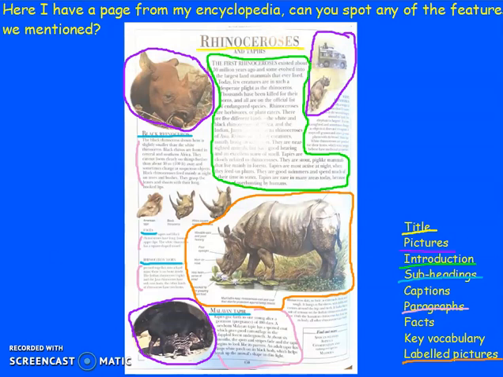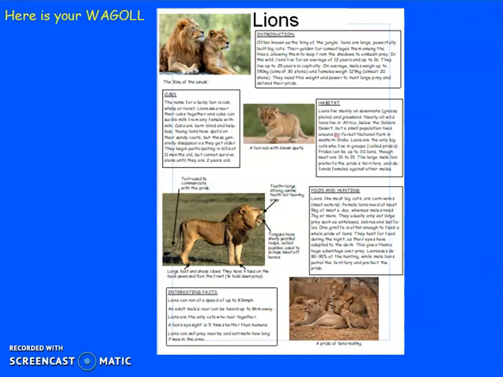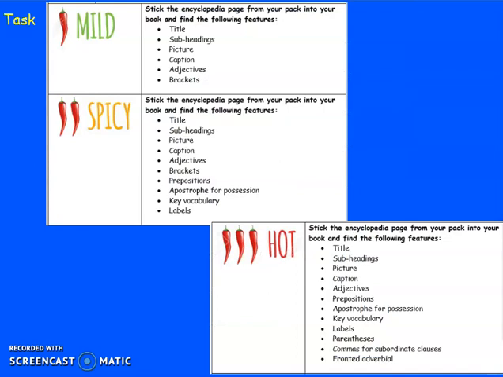In your pack, you will find this waggle. It's about lions and an encyclopedia page, and your job is to read through it and then identify the features. So, as well as that in your pack, you will have your task sheet. So what you need to do is to stick the encyclopedia page into your book, and find the list of features.